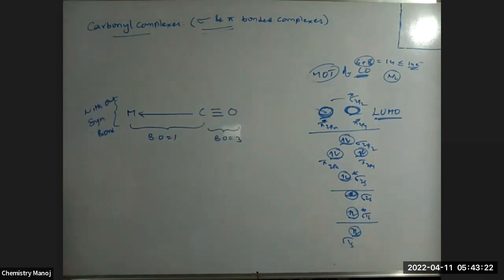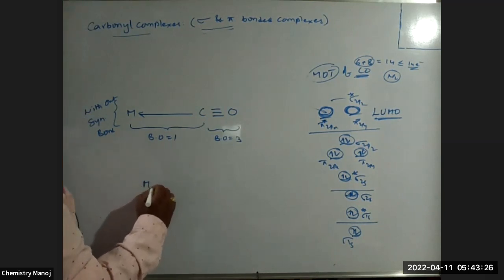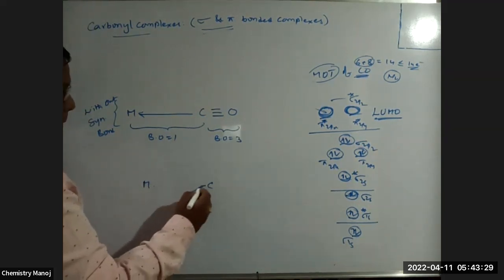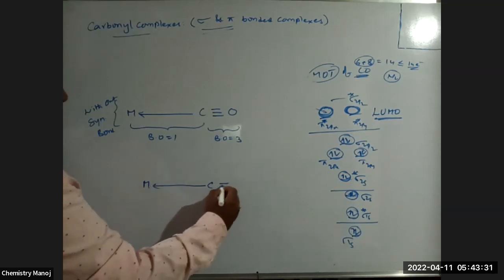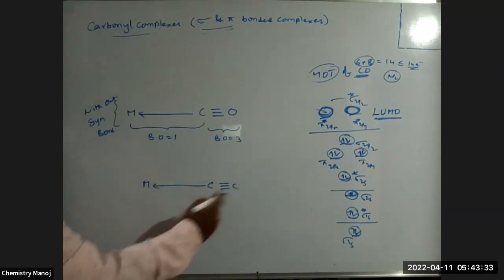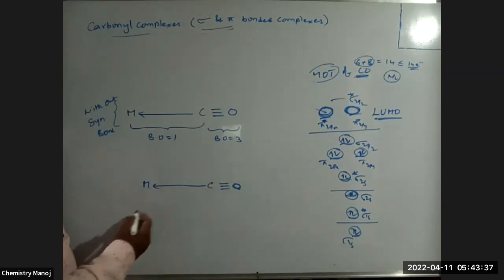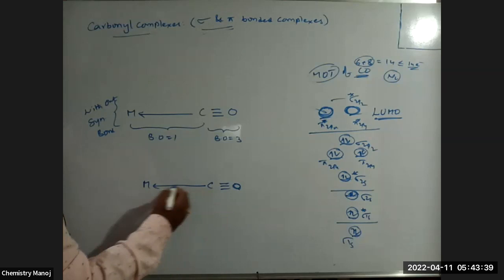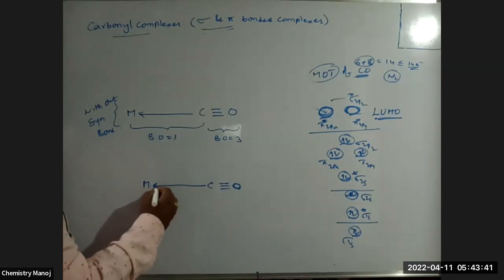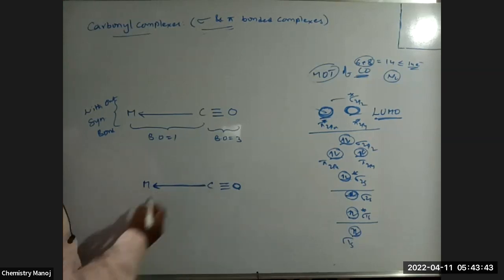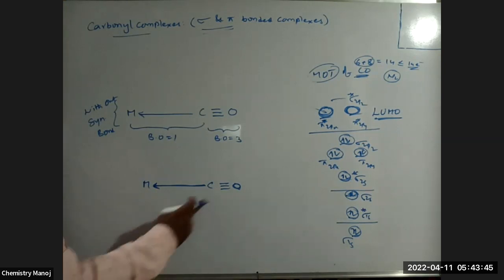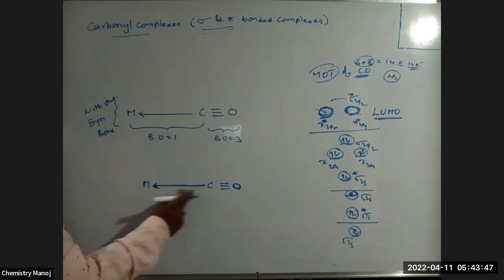But if the synergic bond is there, carbon can always form how many bonds? 4 bonds or 5 bonds? Carbon can form 4. Already it has 3 and this is 1, total 4 bonds.